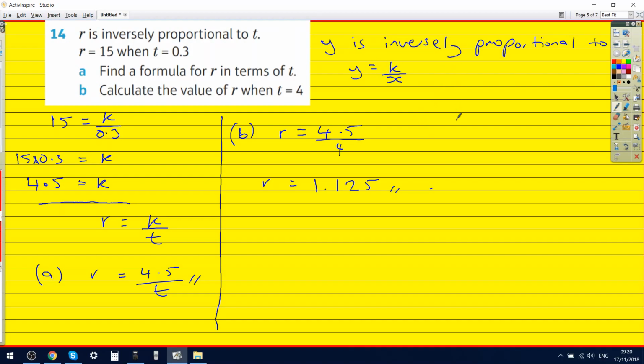For inverse proportional, it's y equals k over x, and you just have to find k. K is like m, and there's no c. So it's a similar idea. You always just have to find k, and then that's the formula, and you just use the formula for other stuff.